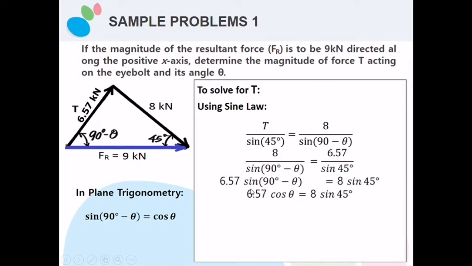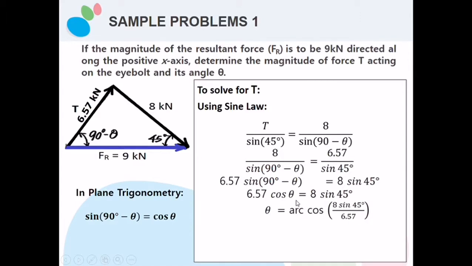We can substitute sine 90 minus theta equals cosine theta. So therefore at this step 6.57 cosine theta will be equal to 8 sine 45 degrees. Again, the cosine theta here is taken based on the trigonometric identities.